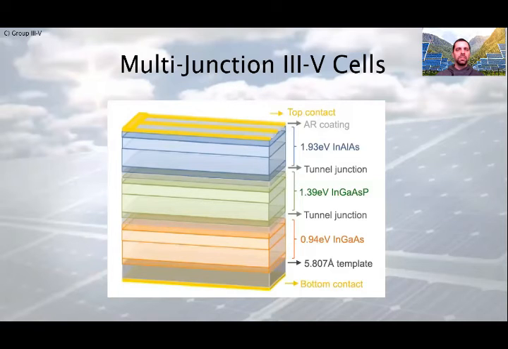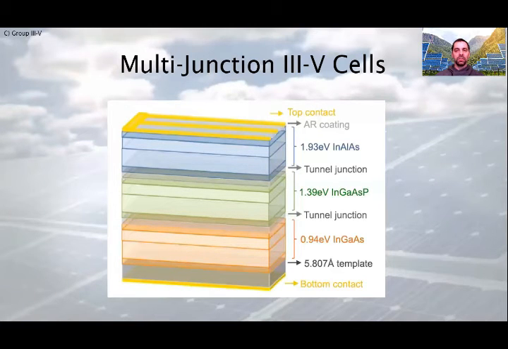Here you can see a three-junction solar cell cross-section. Above in these devices is a high bandgap top cell to absorb high energy photons while allowing the lower energy photons to pass through. A material with a slightly lower bandgap is then placed below the high bandgap junction to absorb photons with slightly less energy, longer wavelengths.